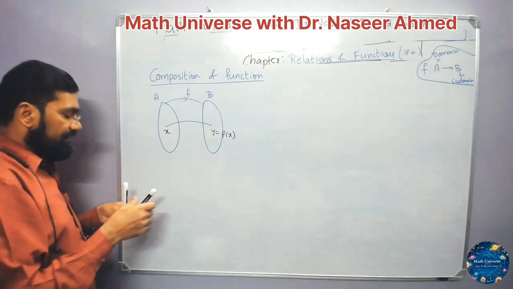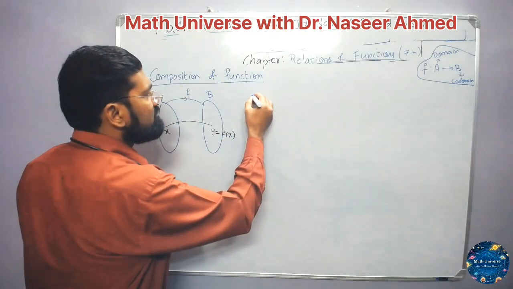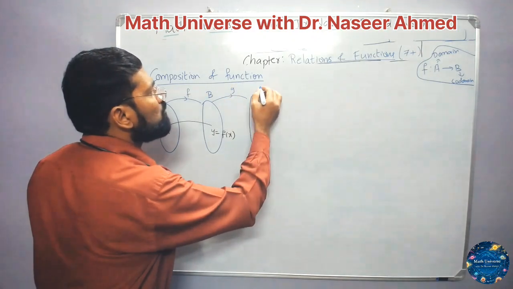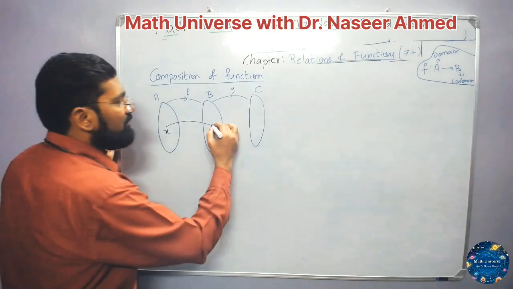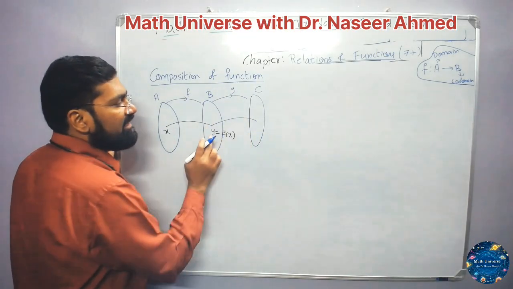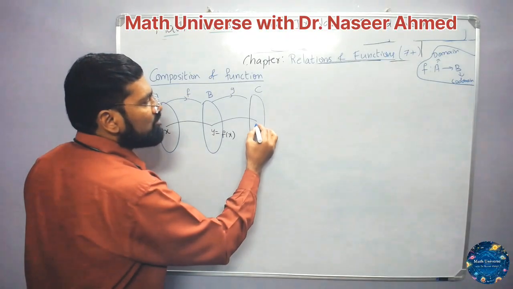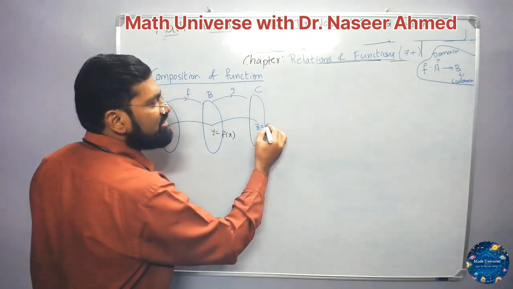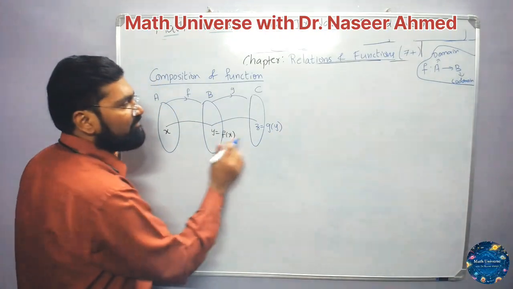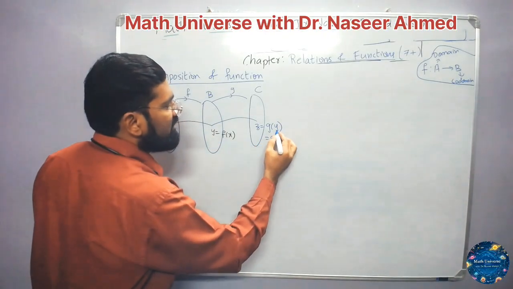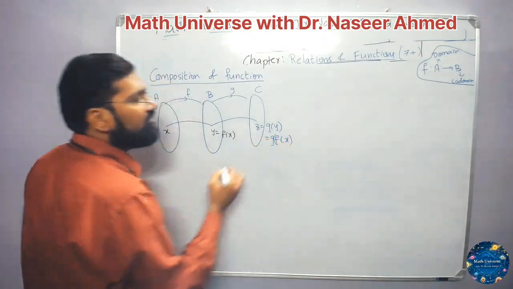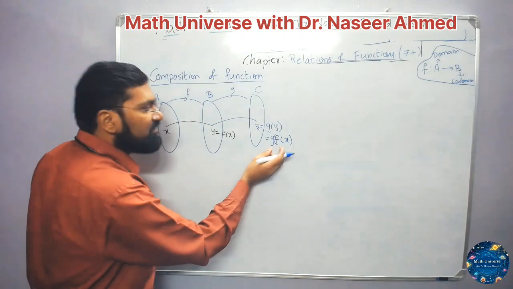Then there is one more function g, which is taking the element from B to C. From here, this g is taking y to some element z. So g of y. G is taking y. But what is y? F of x. So g of f of x. So it's a combination of more than one function.